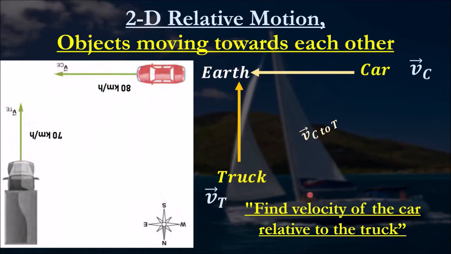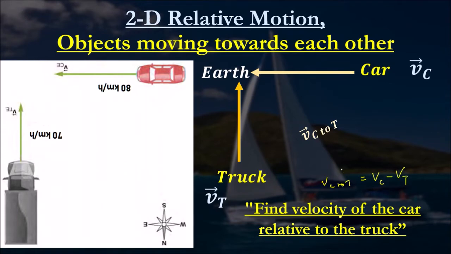Okay, so let's draw it out. So we know that VC to T, if we write that as a vector equation, it's positive VC, negative VT.